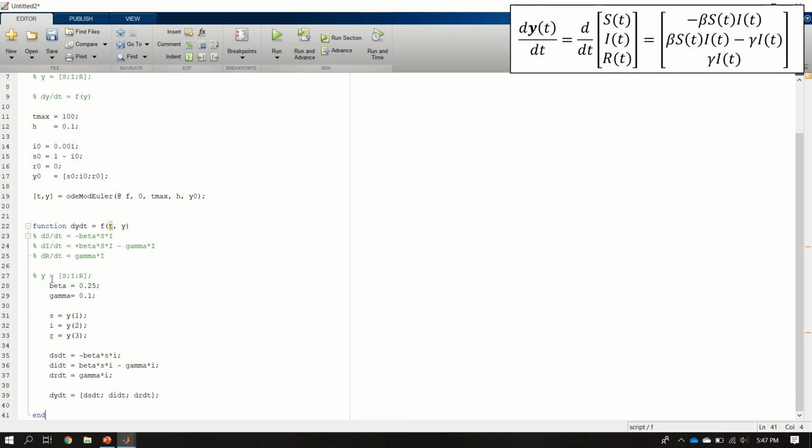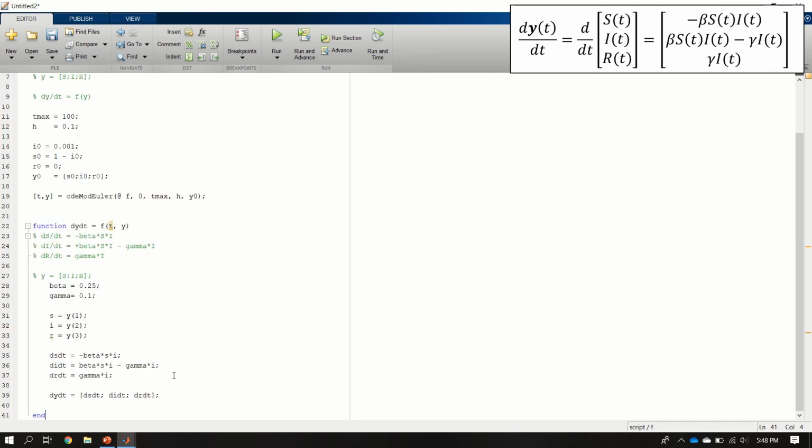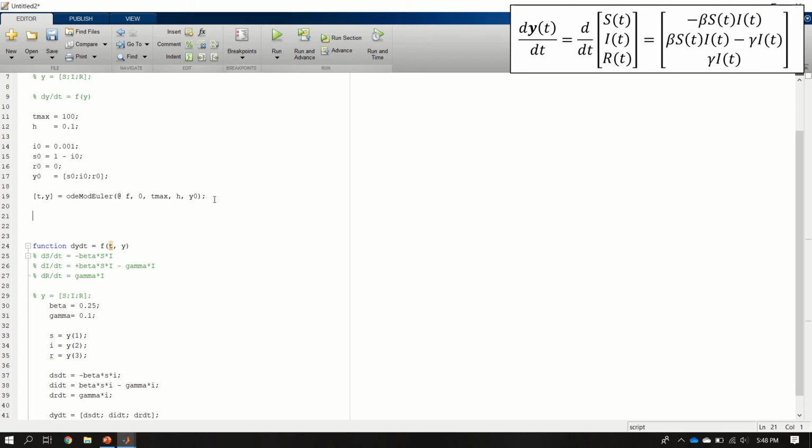This should be sufficient to evaluate the right-hand side of these equations, and we pop it back up into a vector such that we have a system of equations, and that is the output of this f function. Now this f function is then used by this ODE mod Euler in order to do the time integration, and let's take a look at what will come out.